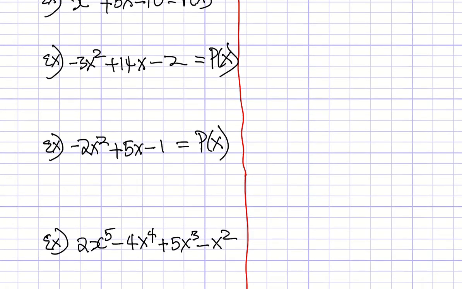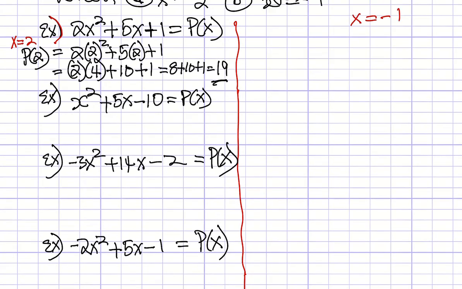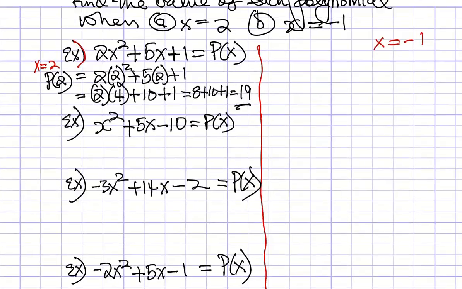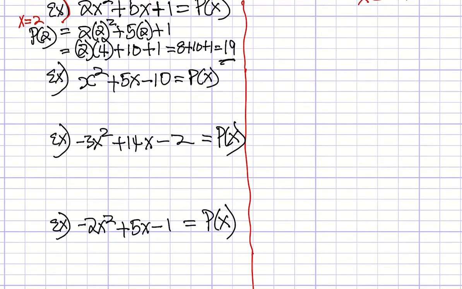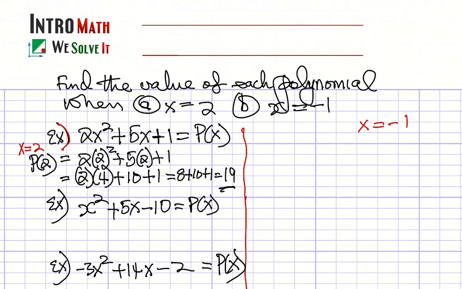P(x), all right. This one I equated to P(x). Okay, let's do the right side. So P(-1) is equal to 2 times (-1) squared plus 5 times -1 plus 1.